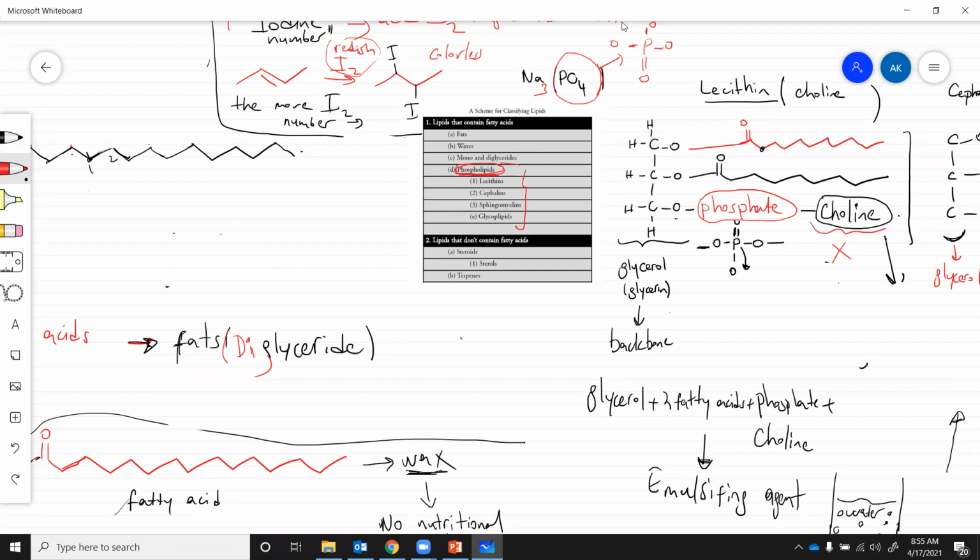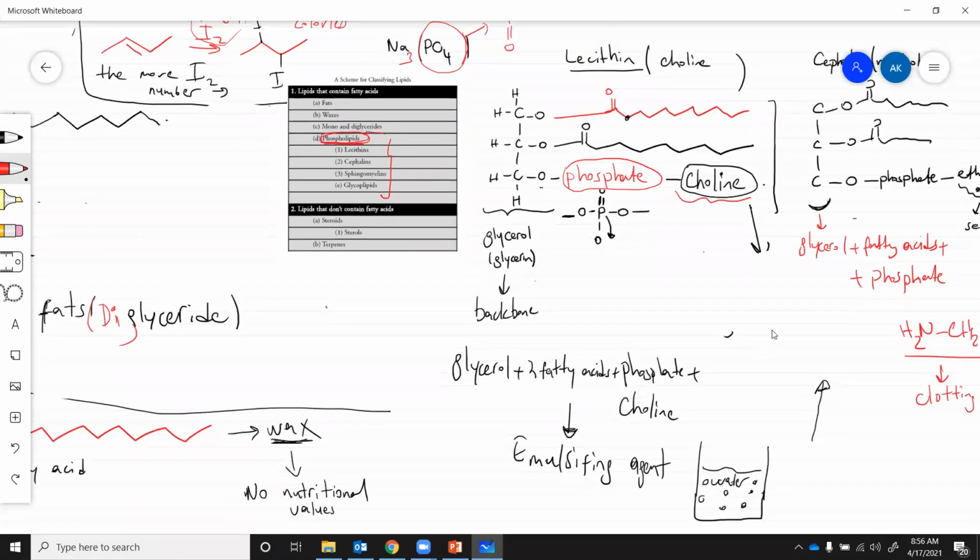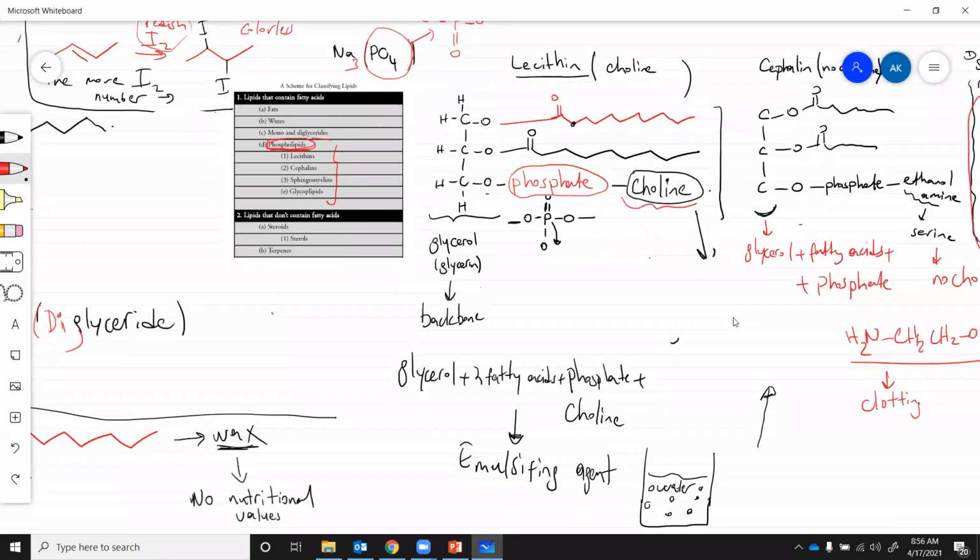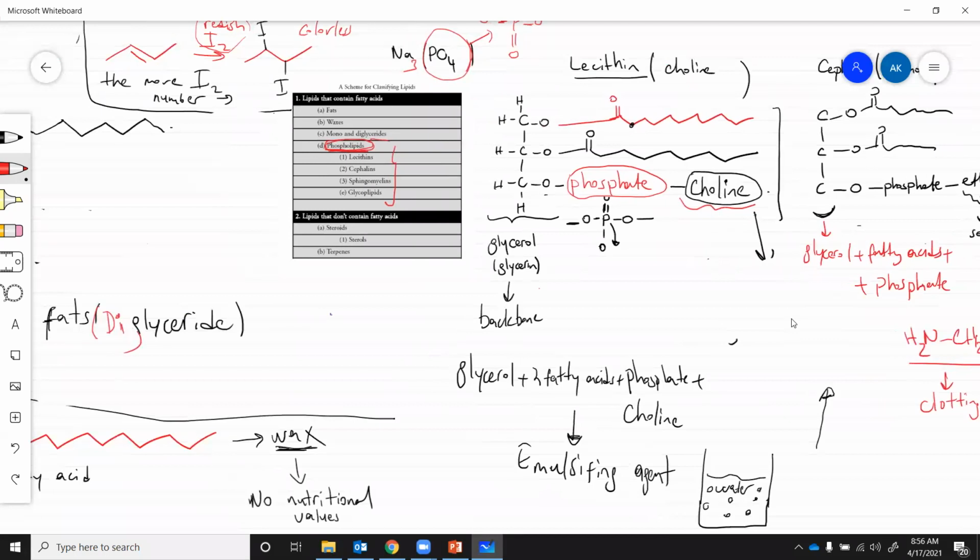So the first one here is, if you add this phosphate to a choline, the molecule is choline. I can give you the structure of the choline, but it isn't really necessary. You might be asking, what is the choline?